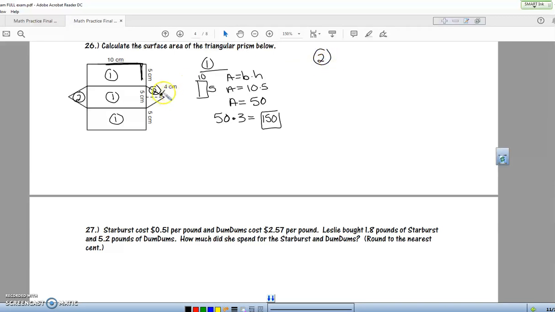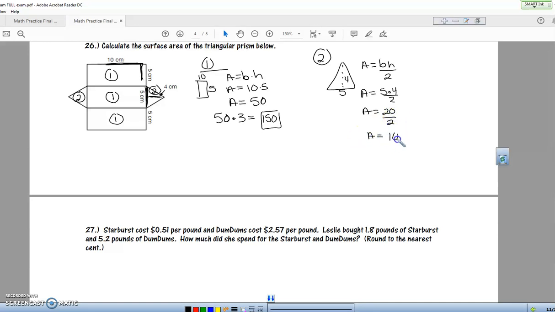Shape 2 is my triangle. It has a base of 5 and a height of 4. So area equals base times height. For a triangle, you need to make sure you divide it by 2. Don't make that mistake because I'm sure there's an answer choice where you don't divide by 2. So 5 times 4 is 20, divided by 2.